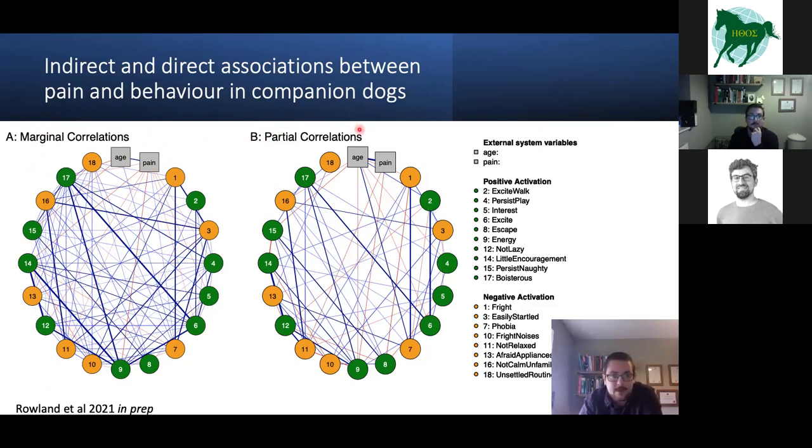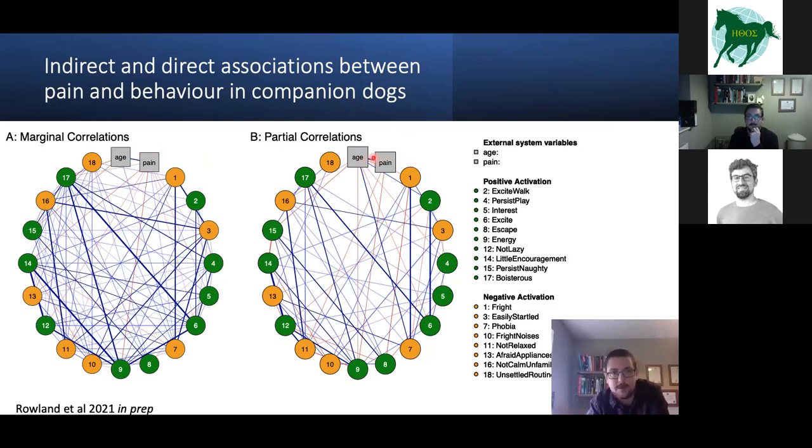However, if we look at the conditional network, which with this data is partial correlations, a type of conditional dependency measure, we see that a lot of these edges with pain disappear, and we're only left with 3.